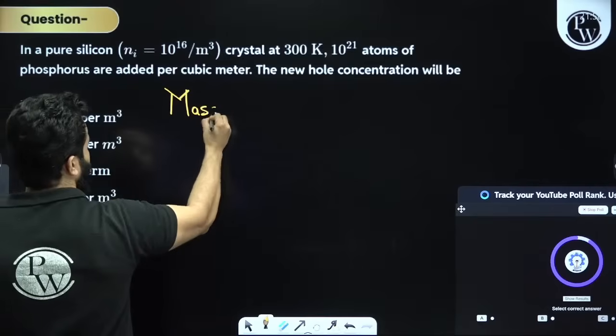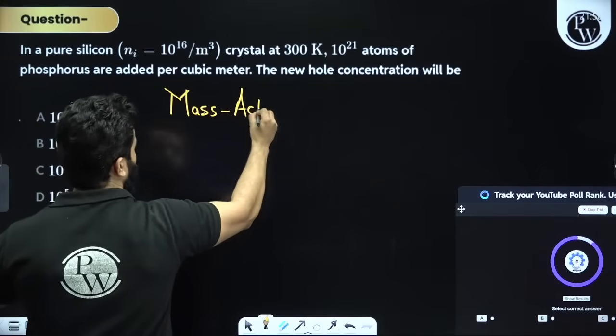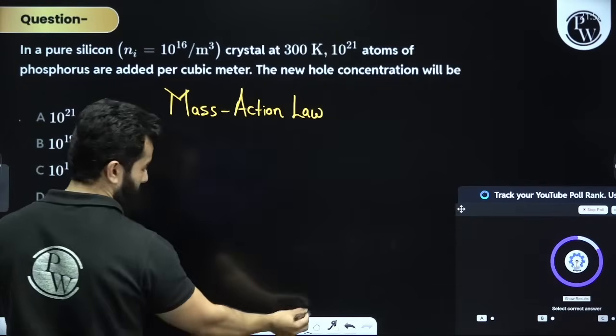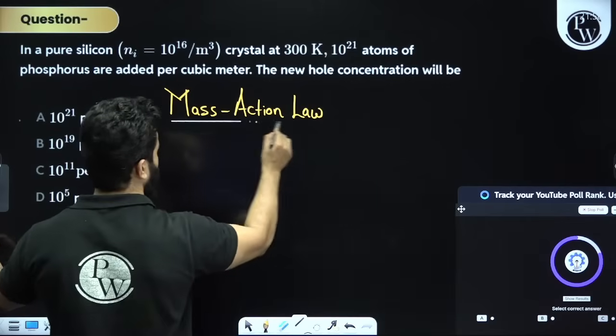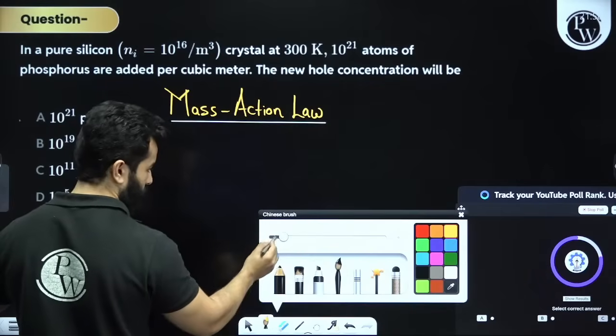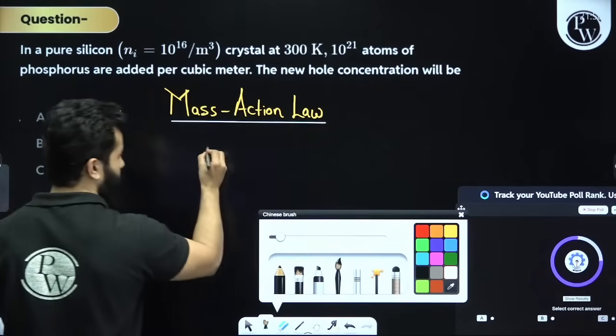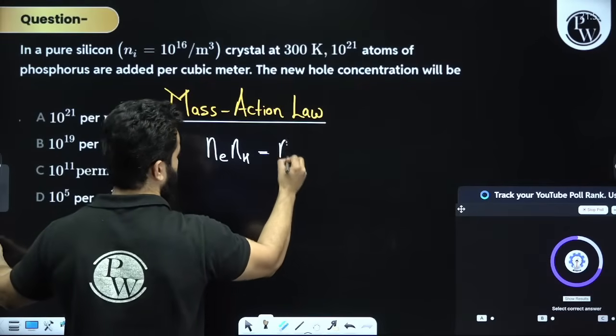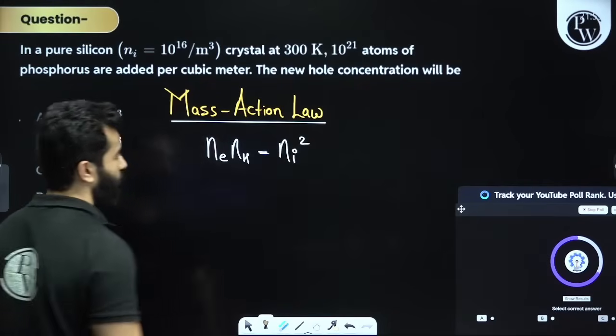Mass action law for semiconductors: Ne times Nh is equal to Ni square.